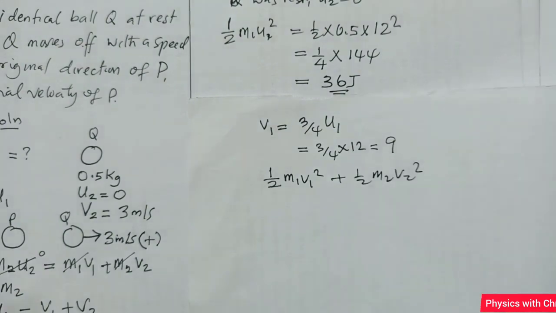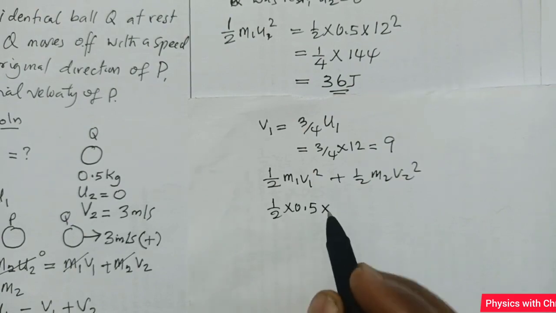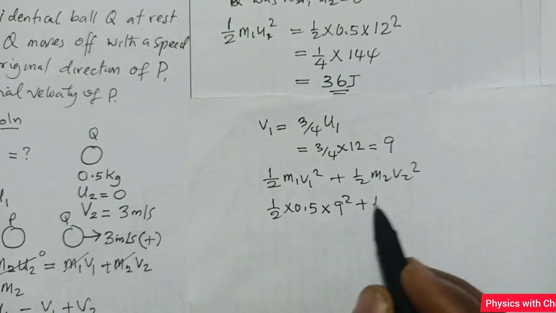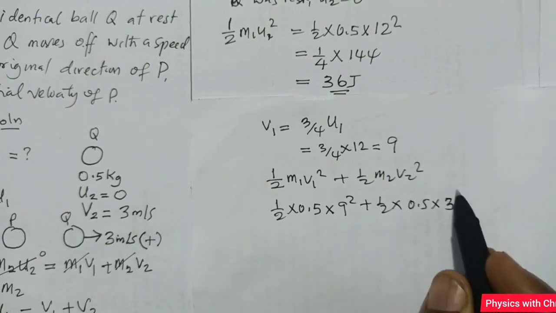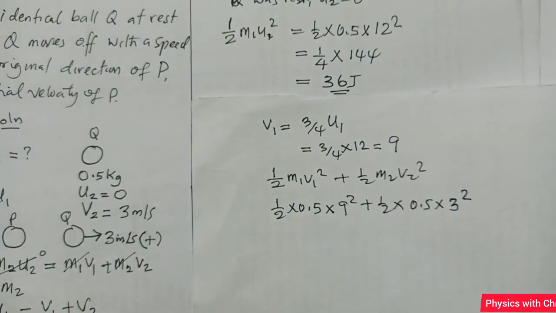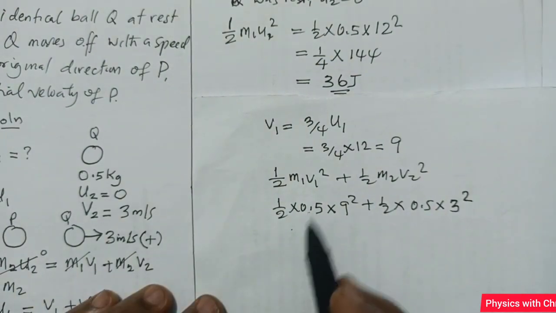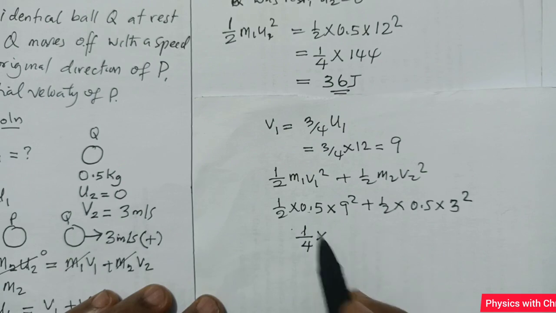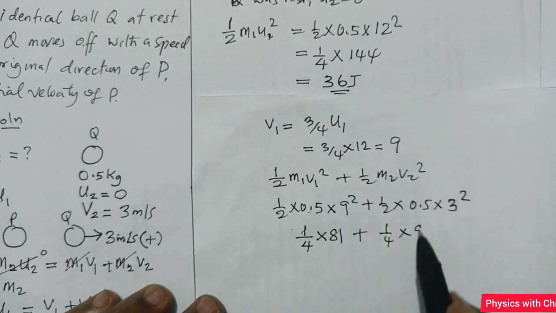That is the sum of their KE after collision, which gives the total KE. So half times 0.5 times 9 squared plus half times 0.5 times 3 squared. That is the final velocity of the second ball. So this gives 1 over 4 times 81 plus 1 over 4 times 9.